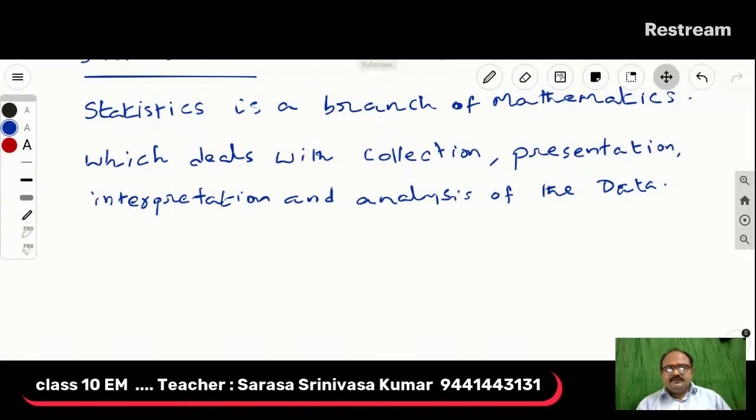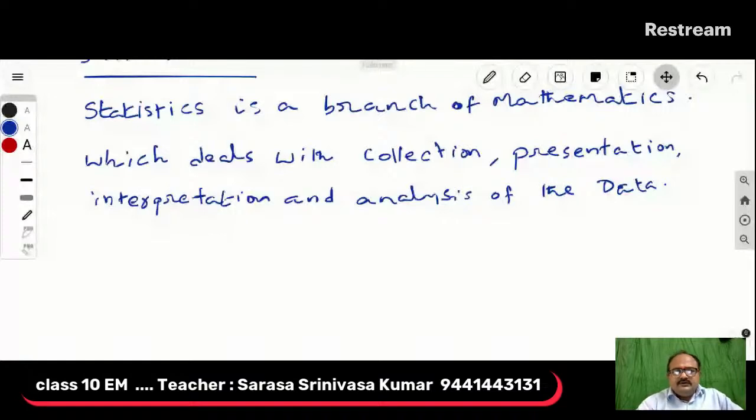Now, another question arises. In the above definition of data, we have written that data is in terms of numerical figures.